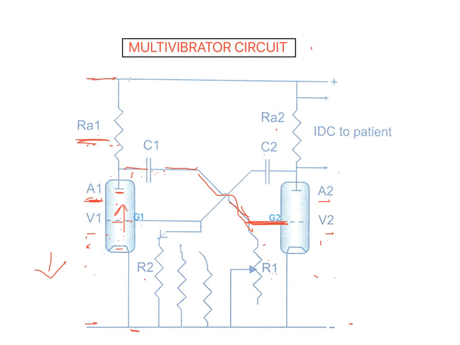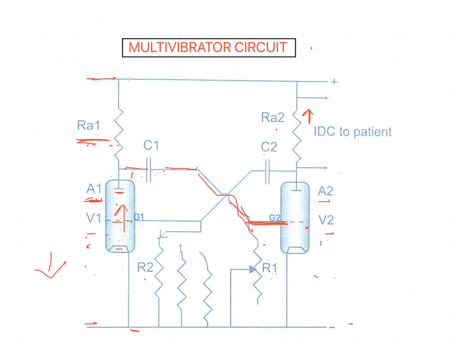That causes an increase in the current across valve 2. This corresponds to a fall of resistance here. A fall of resistance of V2 occurs. So the potential difference across V2 falls, and that across this resistance RA2 rises.